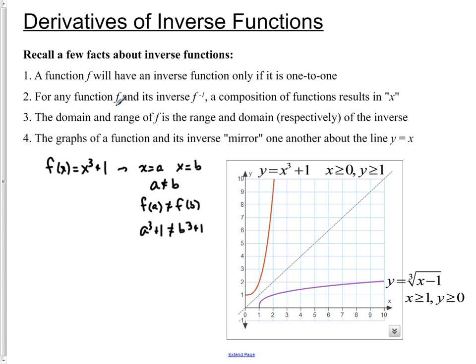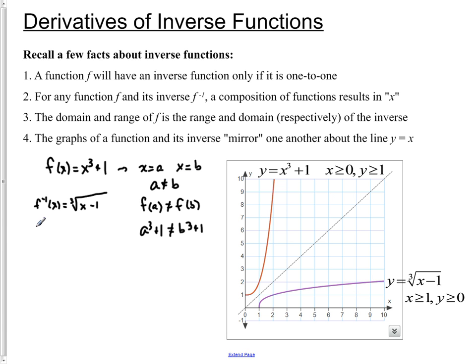For any function f and its inverse, which we designate f inverse with a little -1 superscript up there, f inverse of x, which is in this case the cube root of x minus 1, if we were to take the composition of these two functions, we know that the result of that composition will be x.